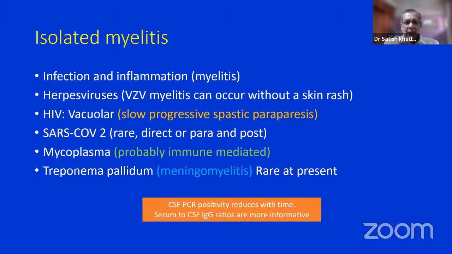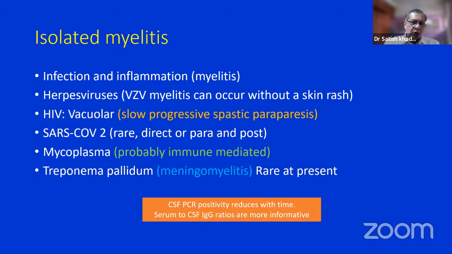Then HIV is one which produces a chronic vacuolar myelopathy, where inflammation is minimum. So vacuolar myelopathy of HIV is an example where the direct invasion is more than the inflammation.